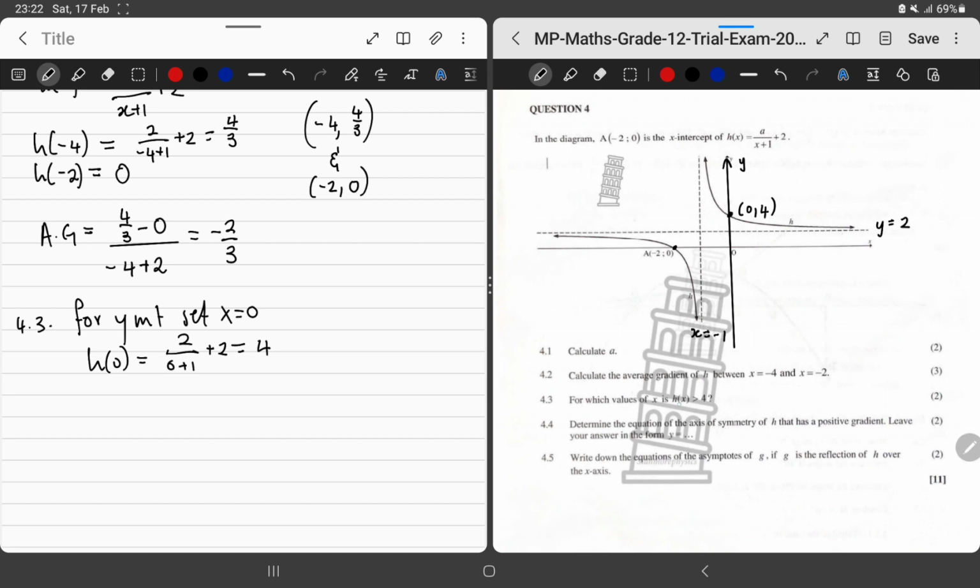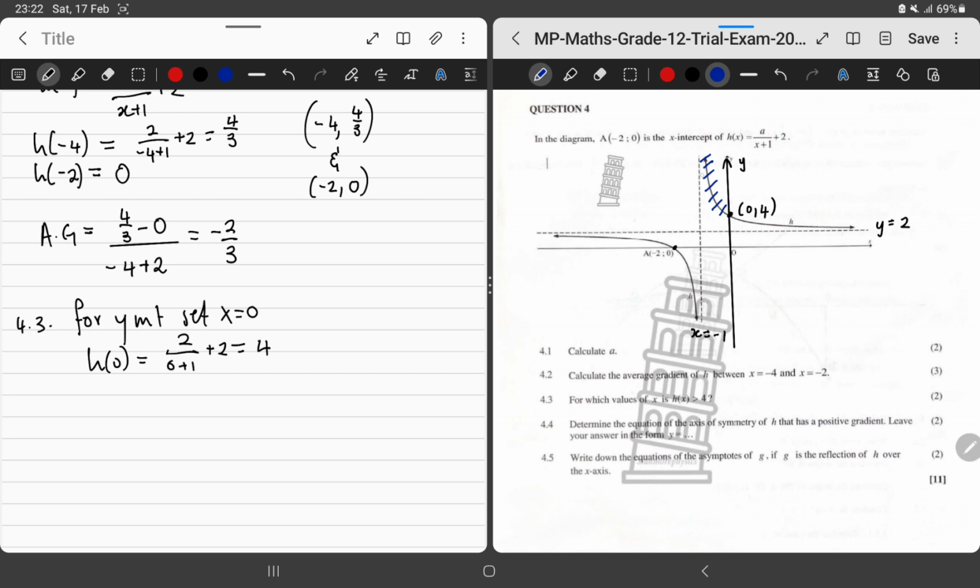Now I am going to look at where h(x) is greater than 4. I can see that h(x) is greater than 4 from that point all the way to, don't forget, the graph shouldn't cut or cross over its own asymptote.